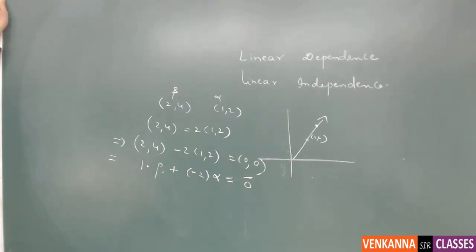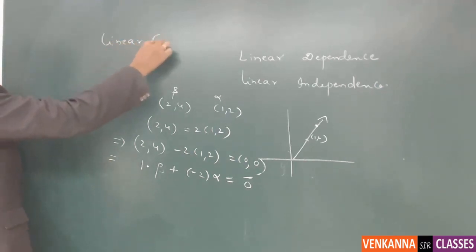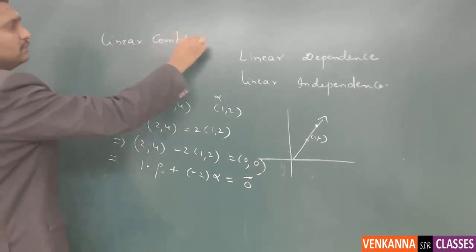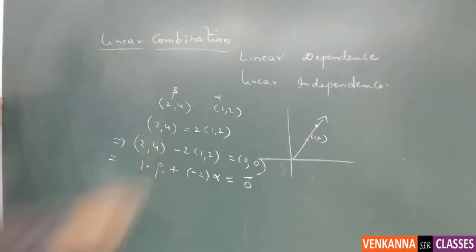So in the previous class, I have given a definition that linear combination, what is meant by linear combination? The sum of the products, we are calling it as a linear combination.